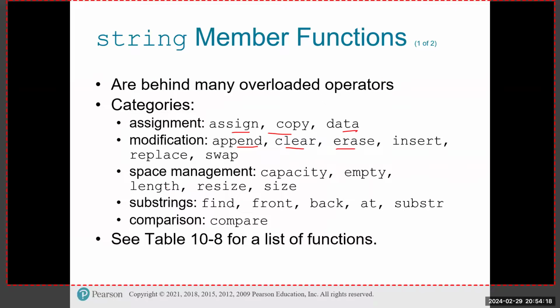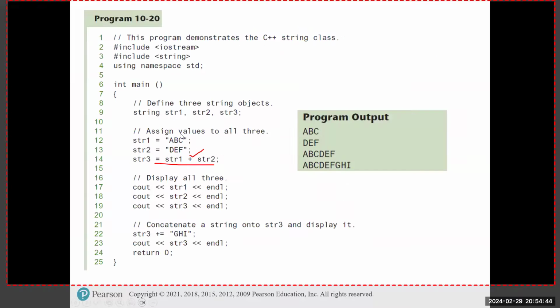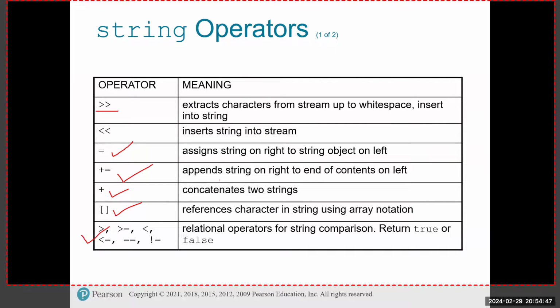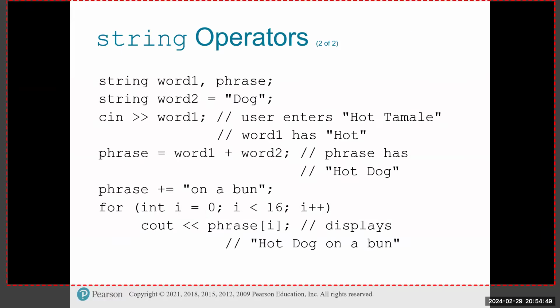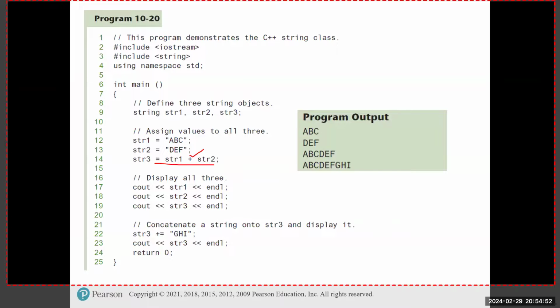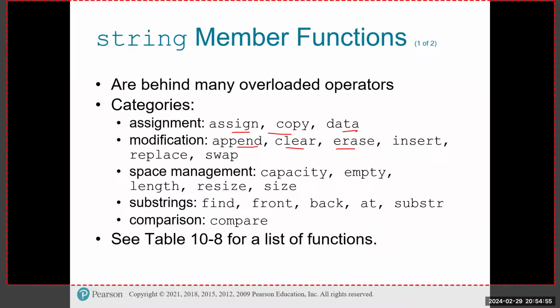If you go to the book and see table 10.8, let me try to bring it up. Where is that? Table 10.8 shows all the functions. So operators, member functions.